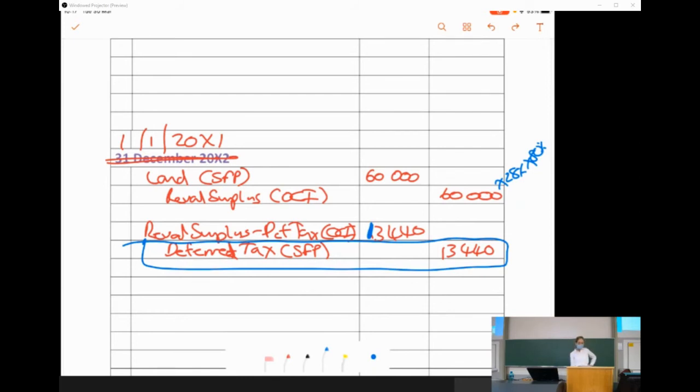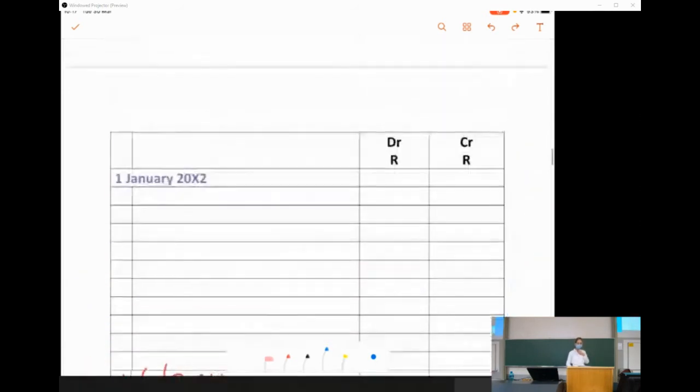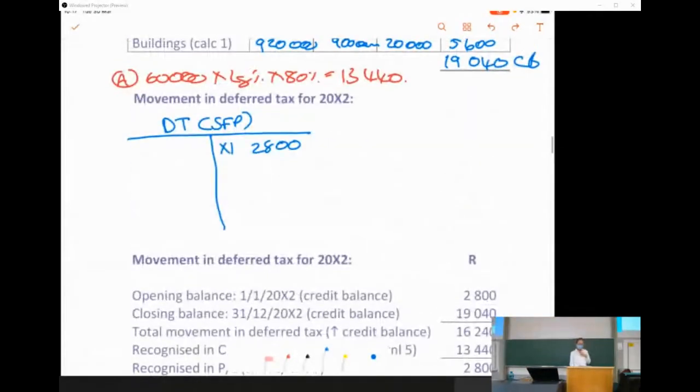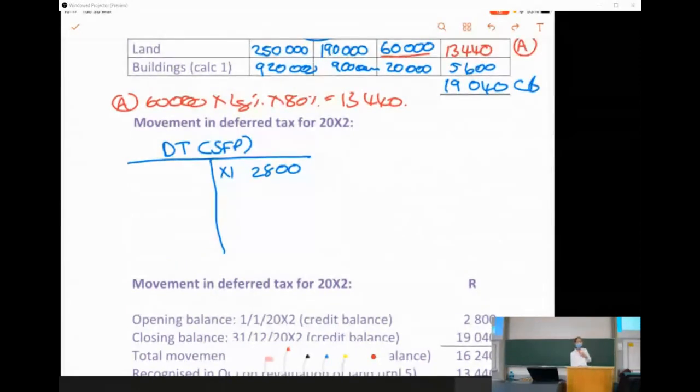So remember we said this is the exception to the rule. This is the only transaction we account for the deferred tax on the date of the transaction or the date of the entry. So if we go back here, in our deferred tax account on the 1st of January X2, we are going to have a journal for that, 13,440 credit to deferred tax.